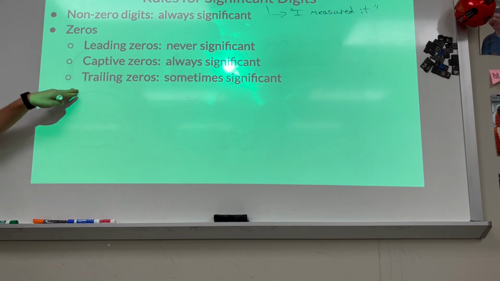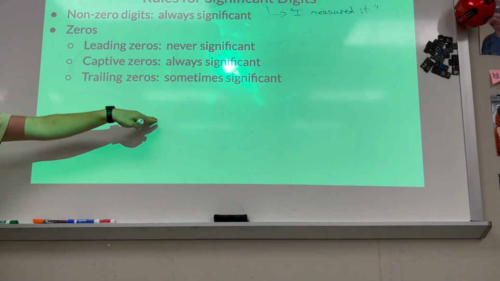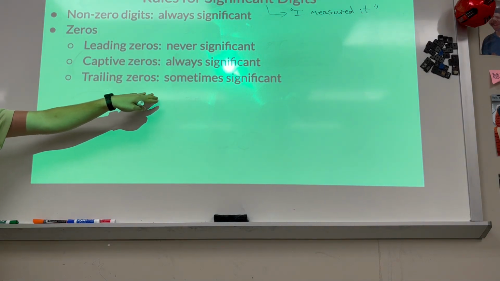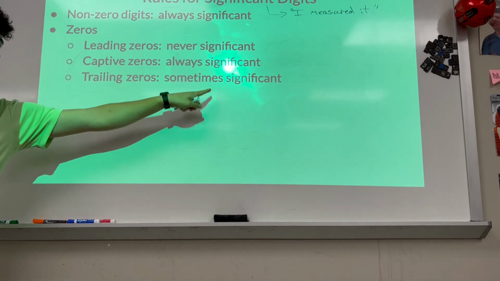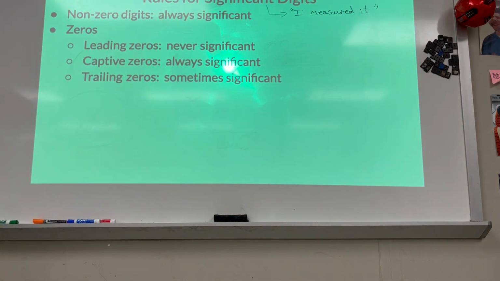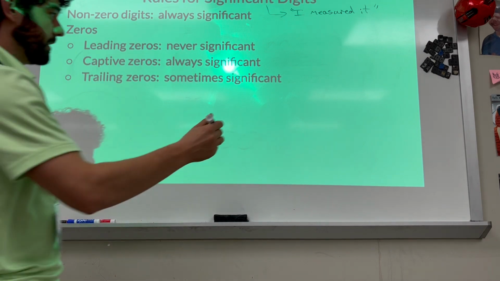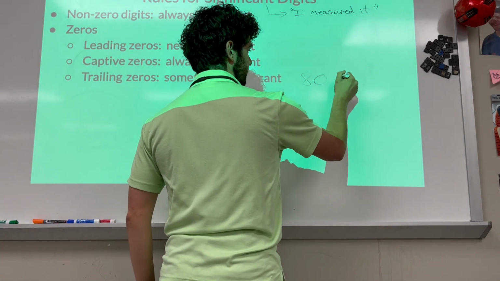So there's actually 2 sub rules here. This is potentially the most confusing rule because this is a sometimes. It depends on how you write the number. So this is where the way you write the number is going to communicate something about your measurement, okay? Let me define what I mean by trailing zeros.